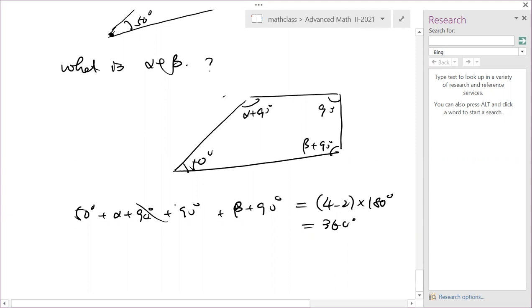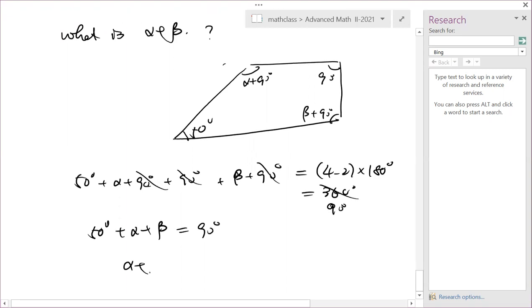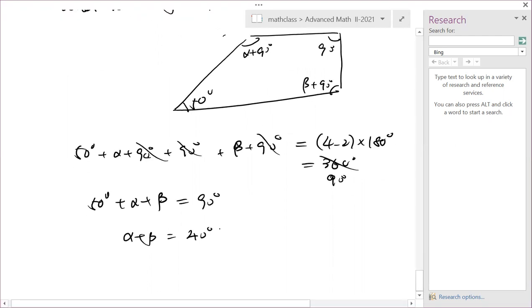So you have 90, 90, 90, and then what's left is 90 degrees. So 50 degrees plus alpha plus beta equals 90 degrees. So alpha plus beta is going to be 40 degrees. So that's it.